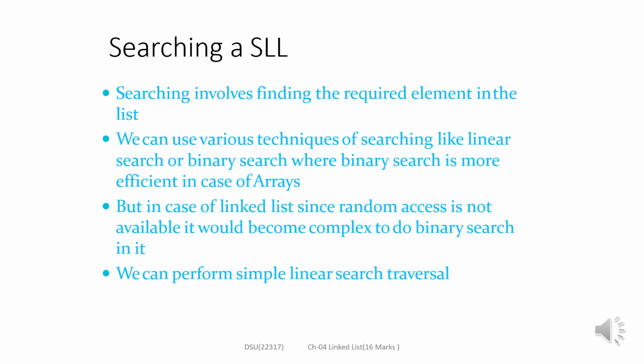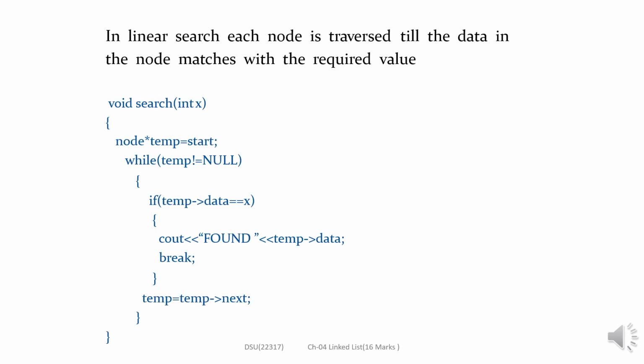But in the linked list, linear search traversal will be simple. That's why in a linked list we use linear search for searching any element from the list. Okay. So in linear search, each node is traversed till the data in the node matches the required value.